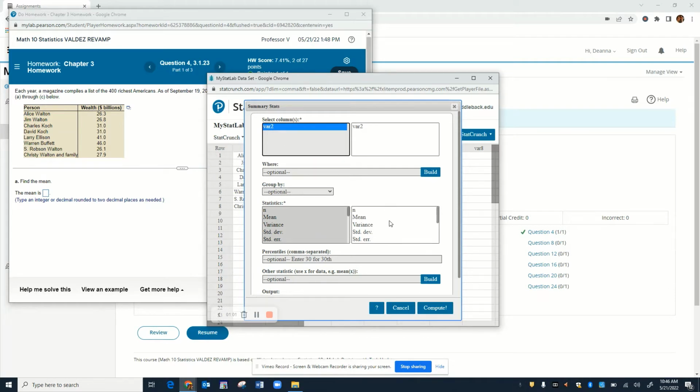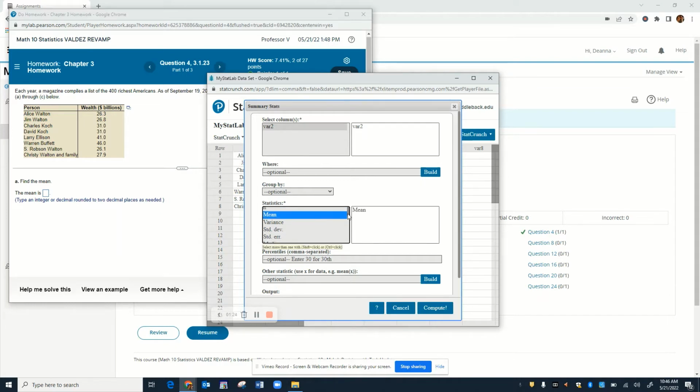So on the right here is everything that StatCrunch is going to compute. Notice the mean is listed, a whole bunch of other stuff that I don't need. The median is here, and it doesn't have the mode. I know it's going to ask me for that because I previewed the problem. Okay, so I'm going to go through here and say I want the mean.